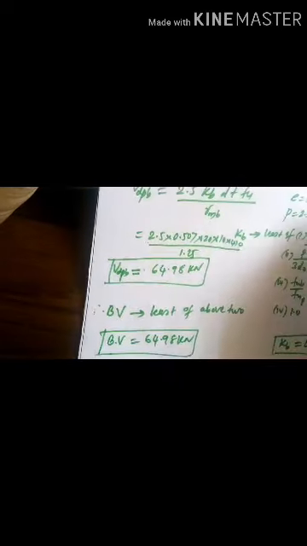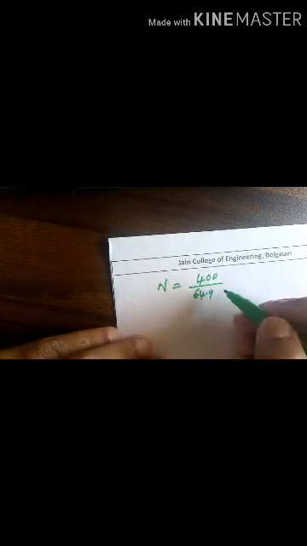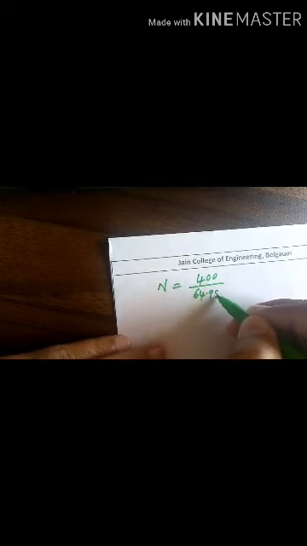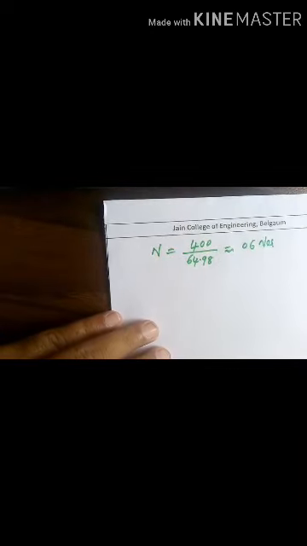After calculating the bolt value, you know the load, so the number of bolts can be calculated. The load is 400 and the bolt value is 64.98, so you will get approximately 6 bolts. Then arrange those bolts.